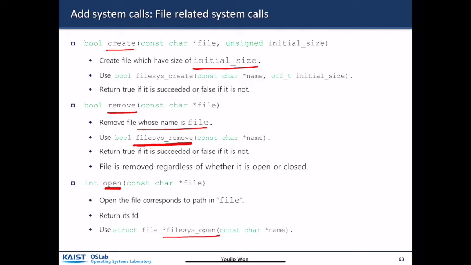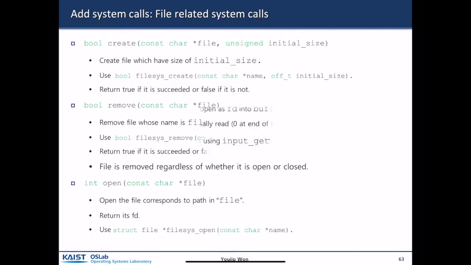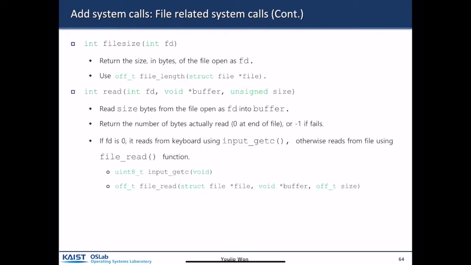And create calls filesys_create. All these functions are already defined in Pintos. So what you have to do is just provide the appropriate system call that calls these functions. There is a filesize function also, and it calls the function file_length.